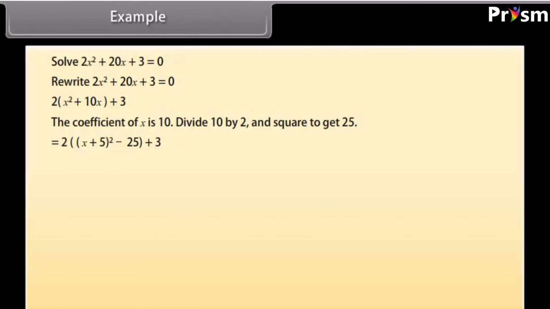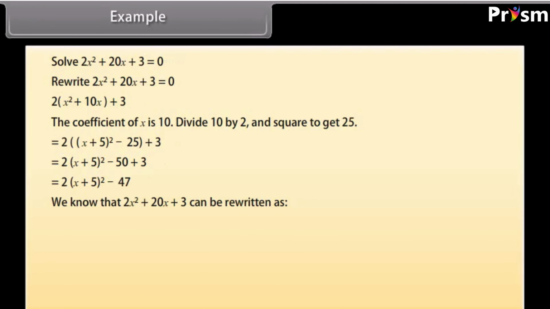This is equal to 2 into (x + 5)² − 25 + 3, which equals 2 into (x + 5)² − 50 + 3, which is 2 into (x + 5)² − 47.